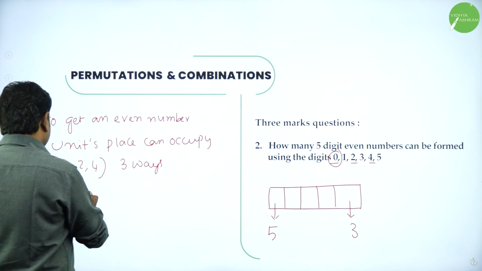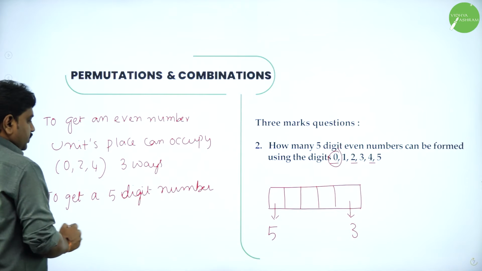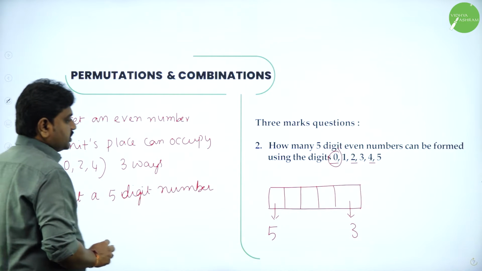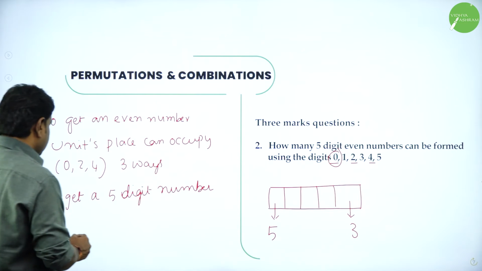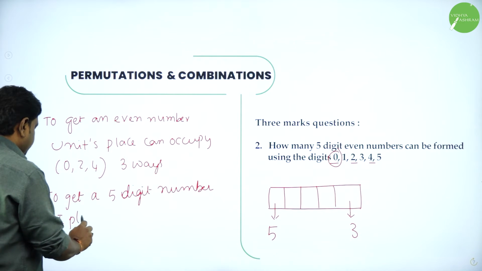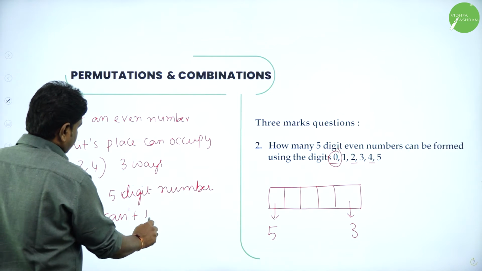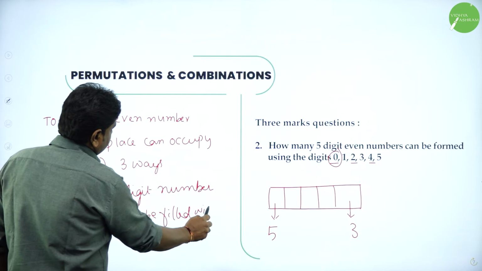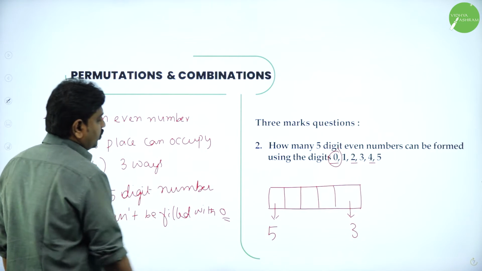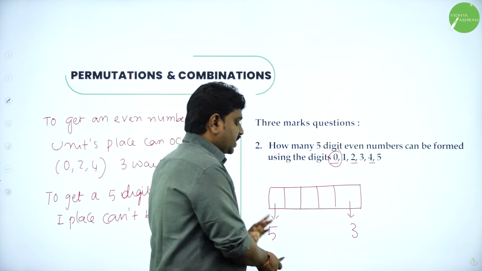To get a 5-digit number, the first place, the 10,000th place, can't be filled with 0. So 0 I cannot include. Other than 0, I have 1, 2, 3, 4, 5. 5 ways I can fill.